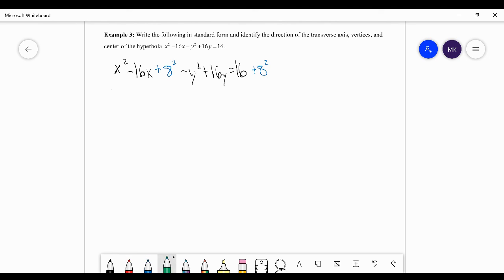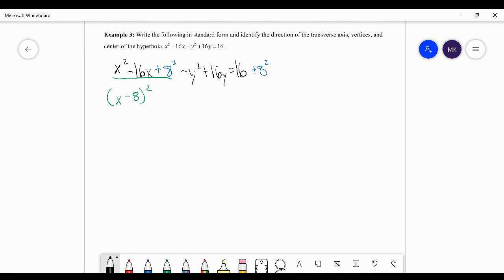What that then does for me is it allows me to factor x squared minus 16x plus 8 squared to be x minus 8 squared. Okay. So what I've done so far is I've just added in this 8 squared to both sides. So everything's good. We add the same thing to both sides. We're okay. What that allowed me to do is factor x squared minus 16x plus 8 squared to be x minus 8 quantity squared.